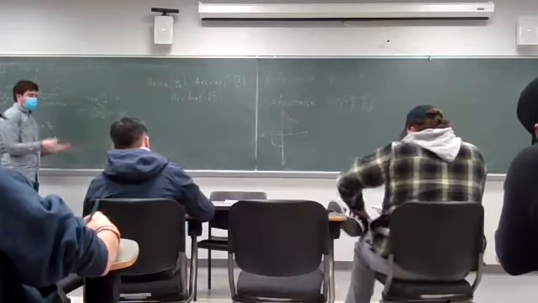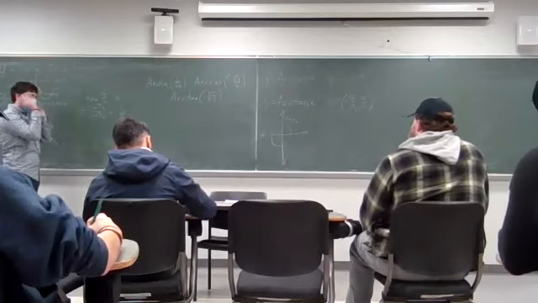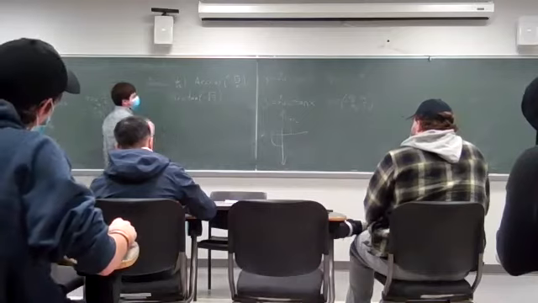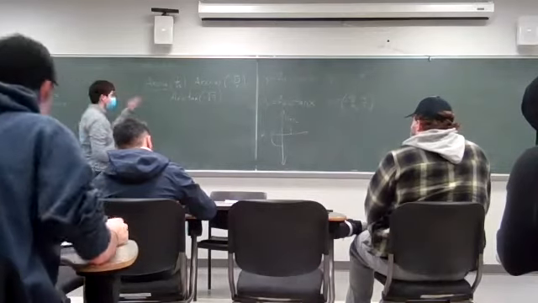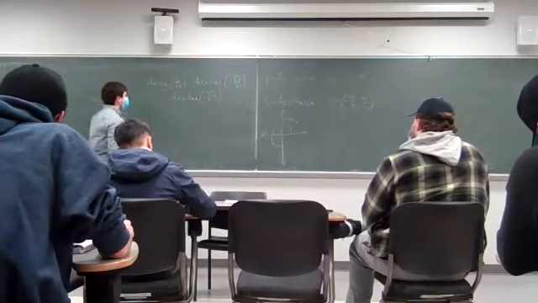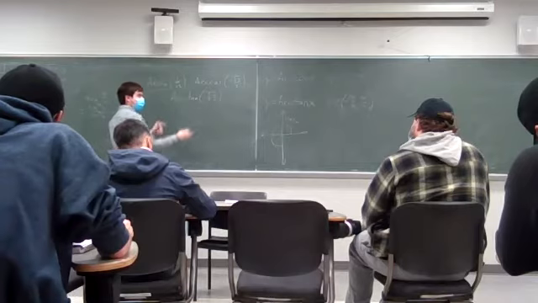You'll have problems that say find these values, and you're just going to have one answer, because it has a specific range, so it only goes to one value. You won't have multiple angles that give us 1 over root 2 since we have a certain range.